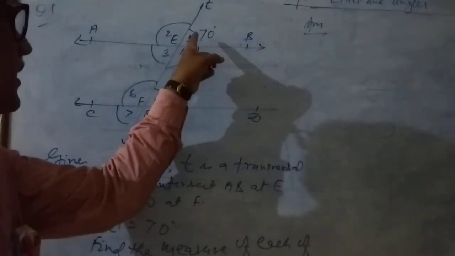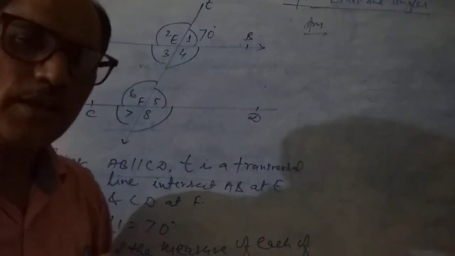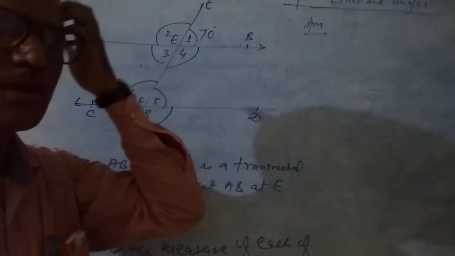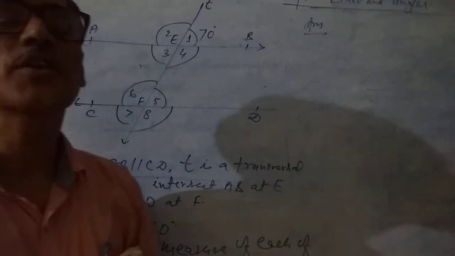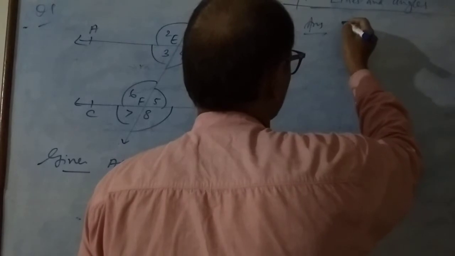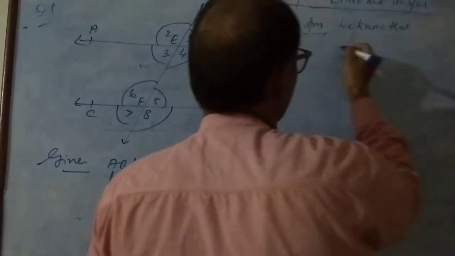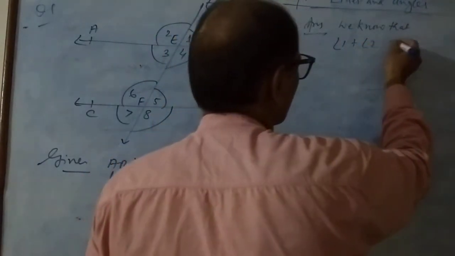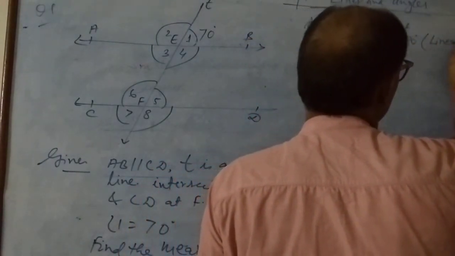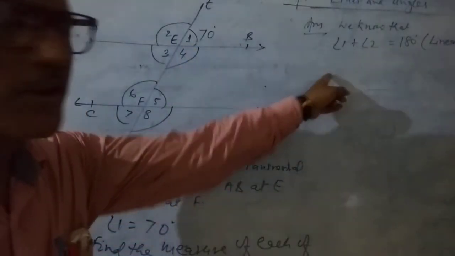We know that angle 1 equals angle 3. Vertically opposite angles are equal. Also, angle 1 plus angle 2 is equal to 180 degrees from linear pairs. Angle 1 is 70 degrees.